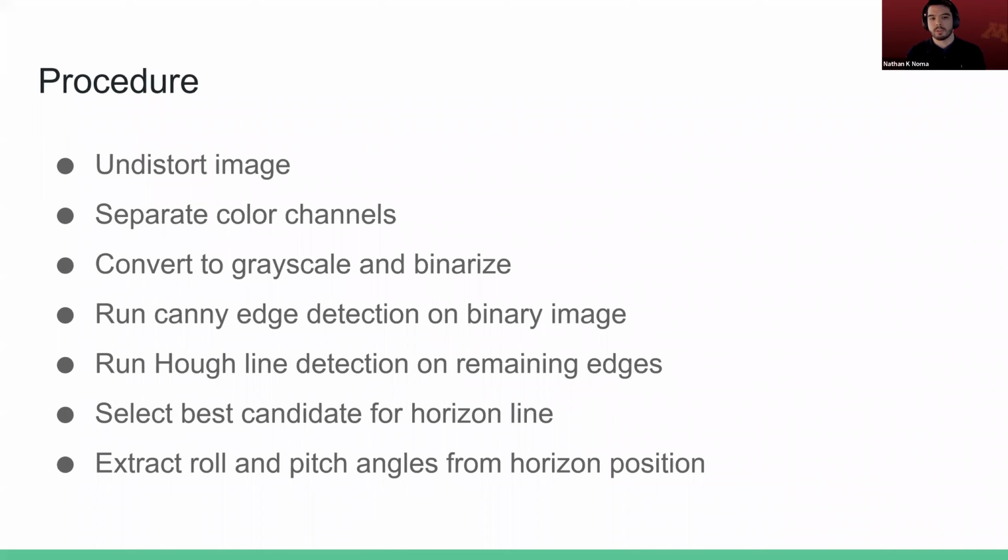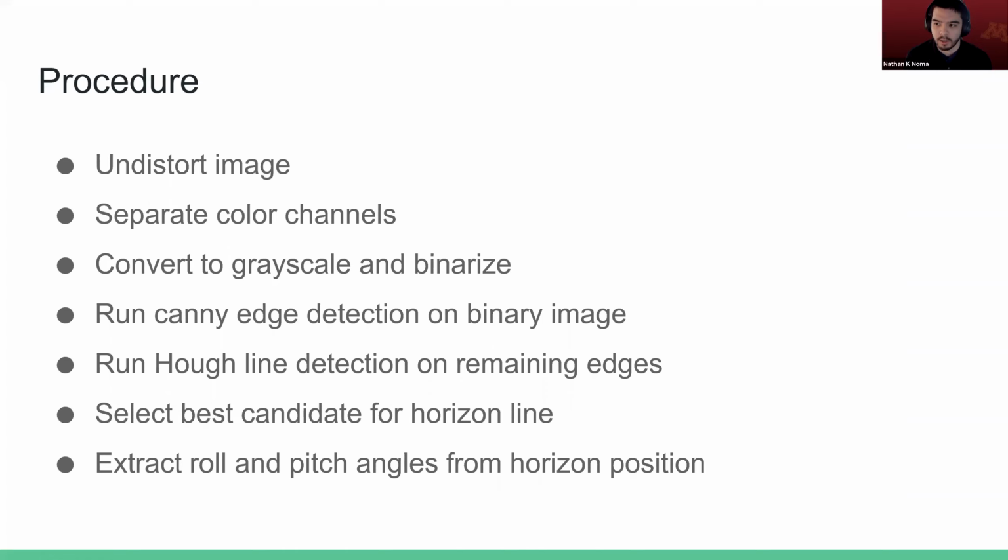So, an overview of the procedure that we used. I'm going to be walking through the procedure that we developed for our algorithm. Essentially, we would take the video, as you saw earlier. The image was subject to a lensing effect, like a fish lens effect, just due to the shape of the camera. So we'd have to take that image and undistort it so that we wouldn't have that curved horizon, so it'd be straight. Separate the color channels.